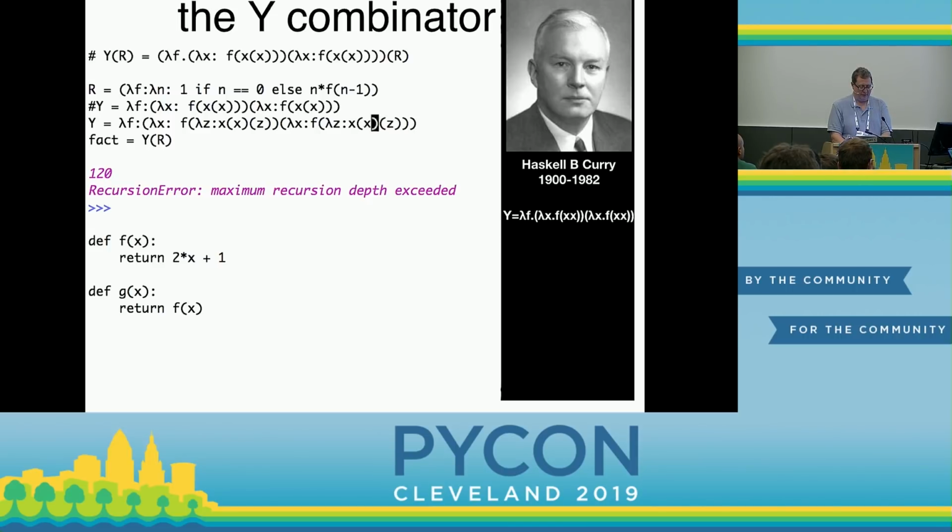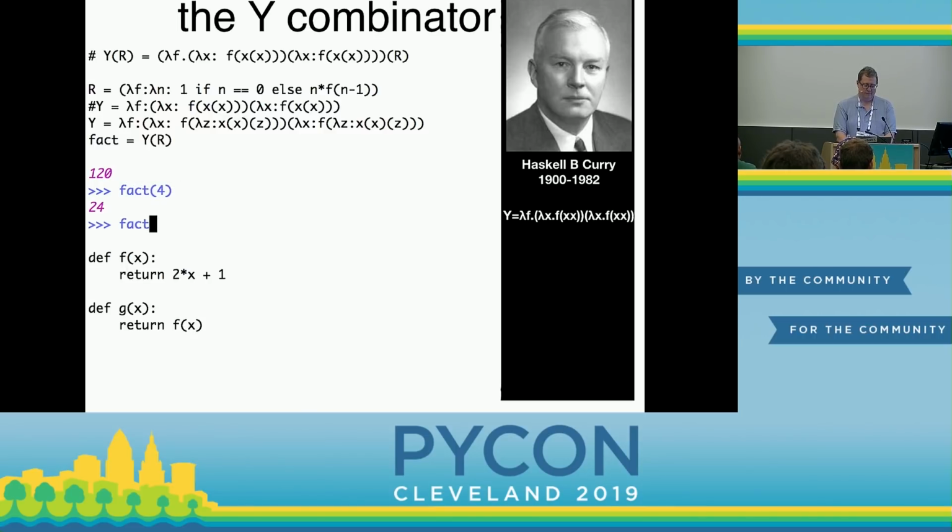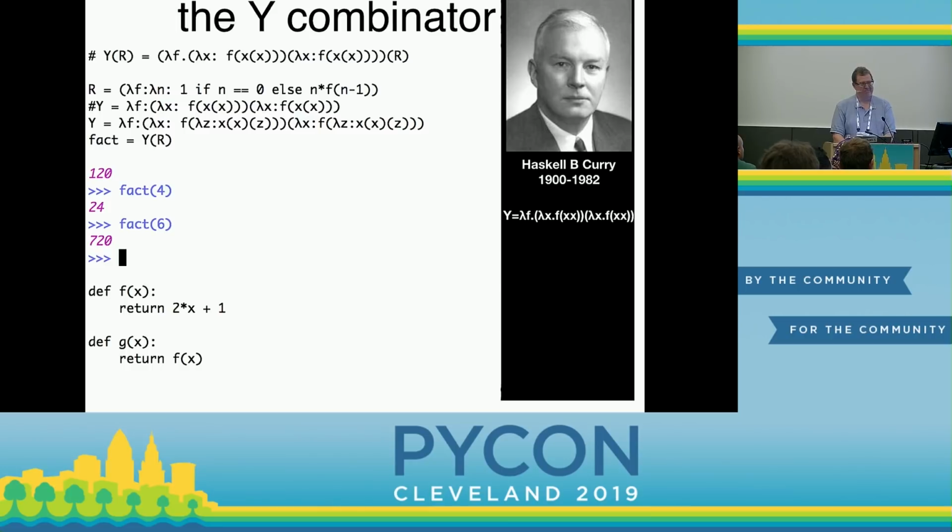I have a feeling I'm probably missing a parenthesis in there somewhere, but let's try that. Okay, so the infinite recursion is gone at this point. Seems to be working there.